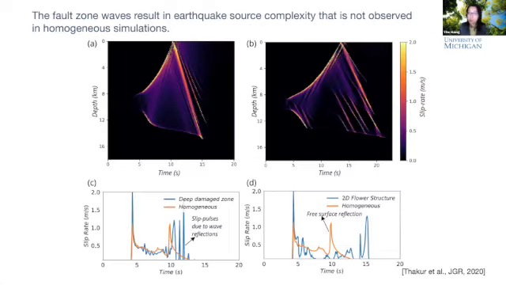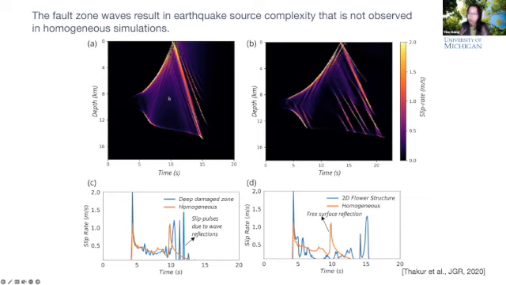So this is the first point I want to make here, that these dynamic waves can actually result in source complexity that is not observed in our homogeneous simulations. So here we are just showing the slip rate distribution for the deep fault damage zone simulations and also for the 2D flower simulations.